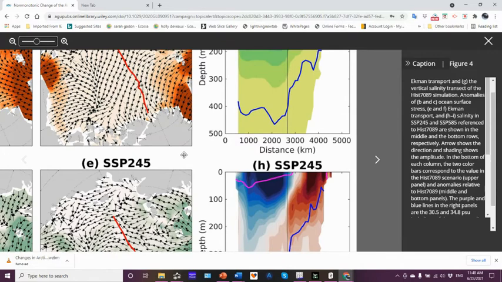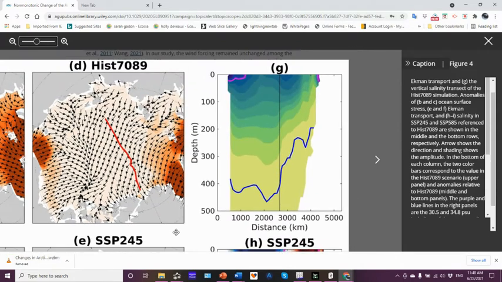Now, let's look at this here. G is the vertical salinity transect. Now, you might remember from an earlier figure I showed you, there was a blue star there, basically in the Mackenzie River Delta. That's where the transect starts.